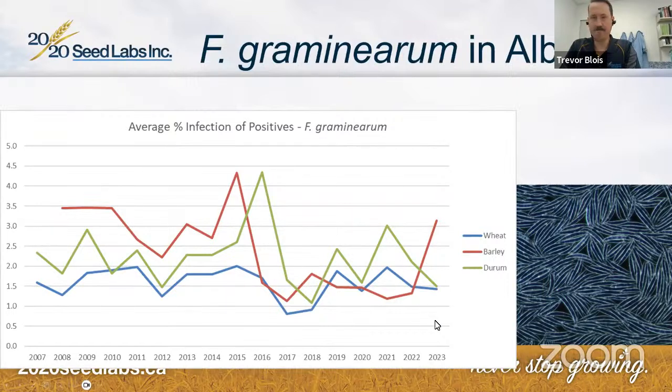Again, durum, much lower than it usually is. Wheat is similar to last year, I would say. But it's interesting because barley often, for many years in the red here, has been higher than wheat. So whether or not it's how it spreads within the individual heads or throughout the field, it seems like if there's a barley infection, chances are good that it's going to be a higher percent infection than in wheat.